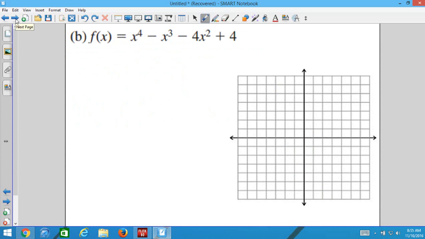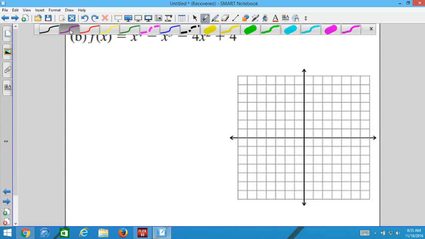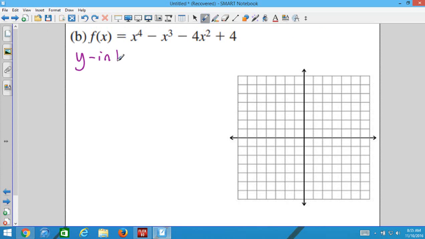So what did you find first? The y-intercept, which was at 0, 4. Good. And then we want to look at the leading coefficient and the degree. The leading coefficient is what number? 1. So it is positive.